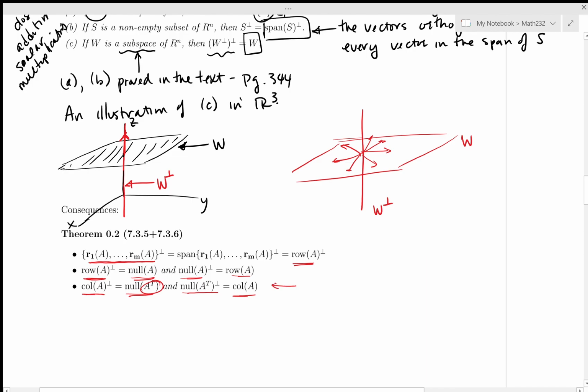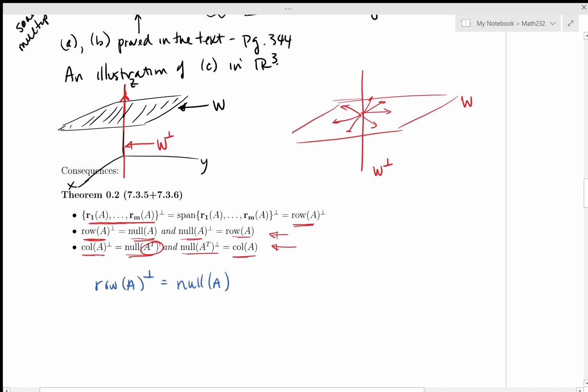Anyways, you don't need to remember both of these because one comes from the other extremely easily. Let's just quickly note that. I could just write this one first: the orthogonal complement of the row space is equal to the null space. Okay, fine. Now I just make a substitution, A transpose for A. I say that the orthogonal complement of the row space of A transpose is the null space of A transpose.